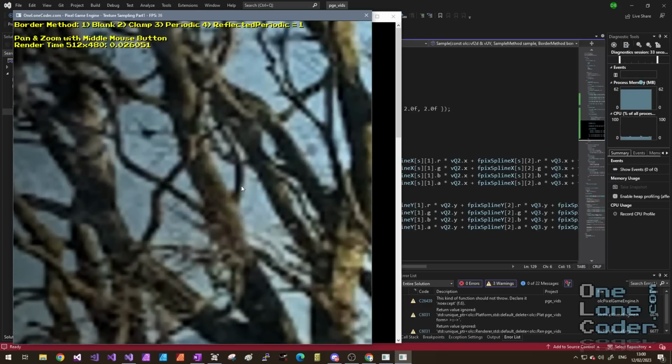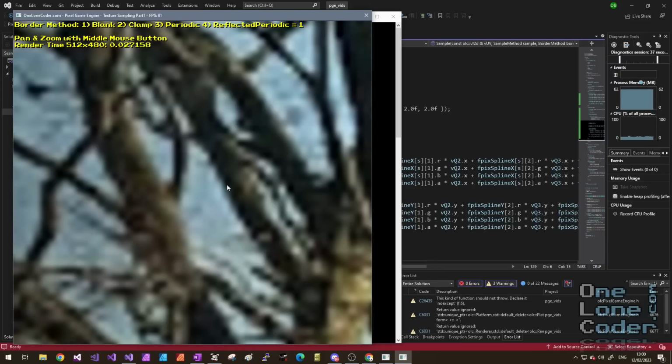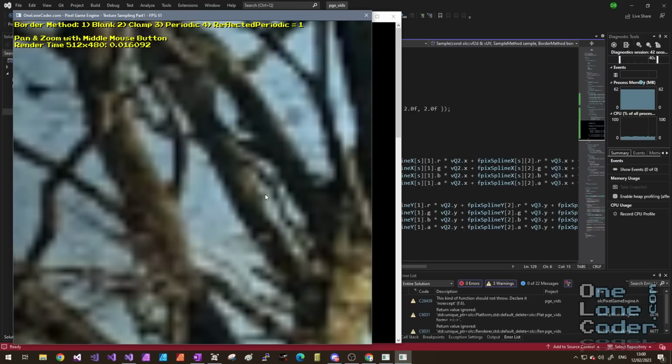But the ladder effects and the sparkles we saw before are definitely minimized. So let's try point sampling, bilinear sampling, and cubic sampling. And if I flick between bilinear and bicubic, we can see the overall image quality is about the same, but with certainly fewer artifacts.